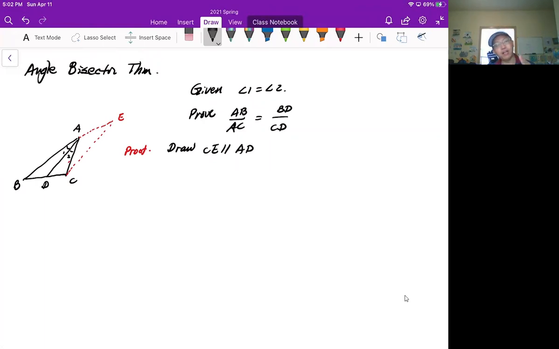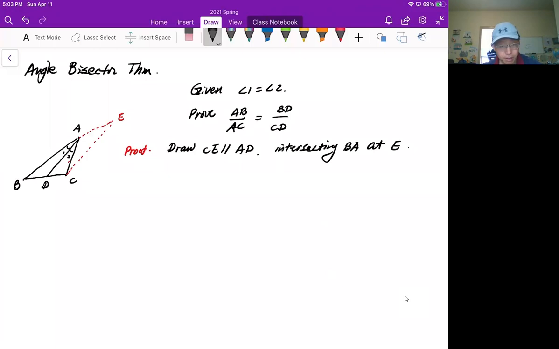Everyone understand that? You go from C and you draw a line parallel with AD, intersecting the line of BA at E.